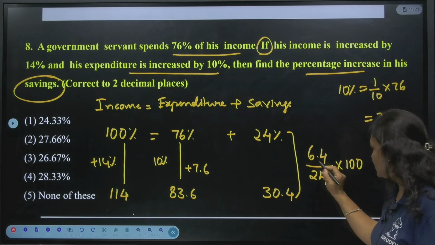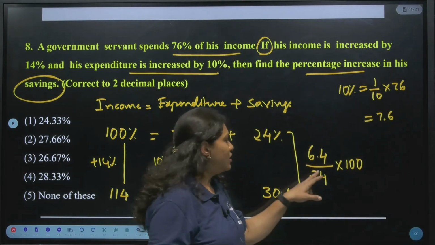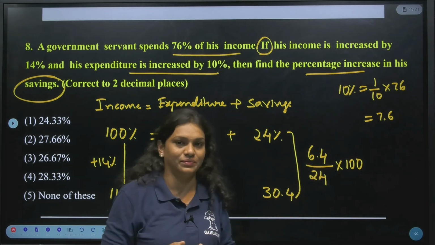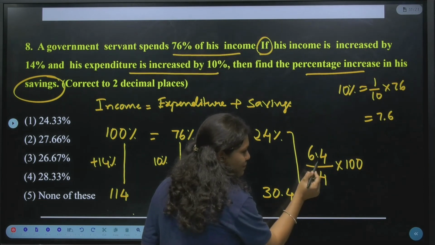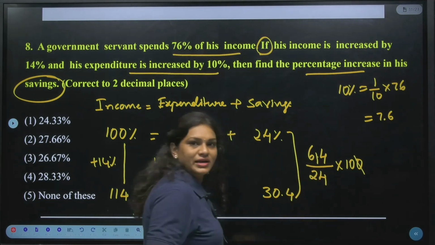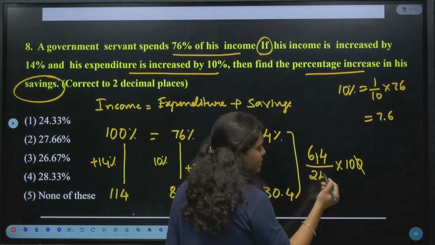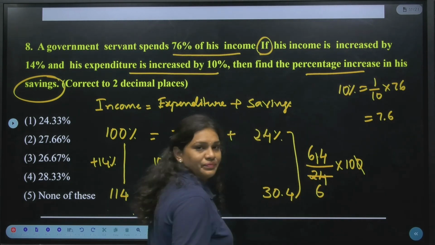If you know the direct calculation, you can do it, or else just convert this 6.4 into a fraction, which is 64 upon 10. Otherwise, just observe the calculation here. The 10 and the decimal point will cancel. Next, 64 is there, 24 is there, right? Just cancel this with 4: 4 sixes are 24, 4 ones are 4.